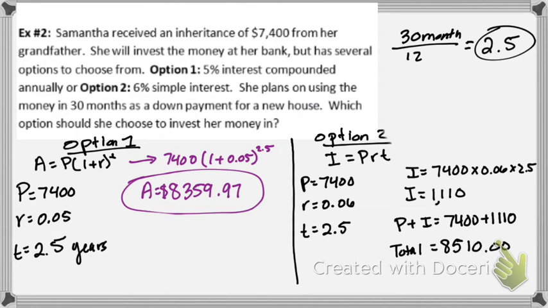Okay, so depending on what you want, usually you want more money. I would choose option 2 because it gives us some more money, even with the higher compound rate, right? So I would choose option 2 because it gives us more money.